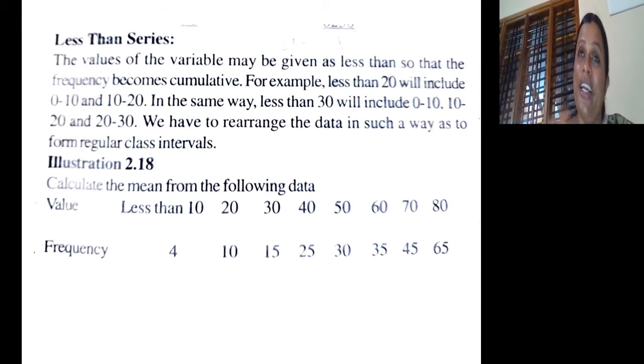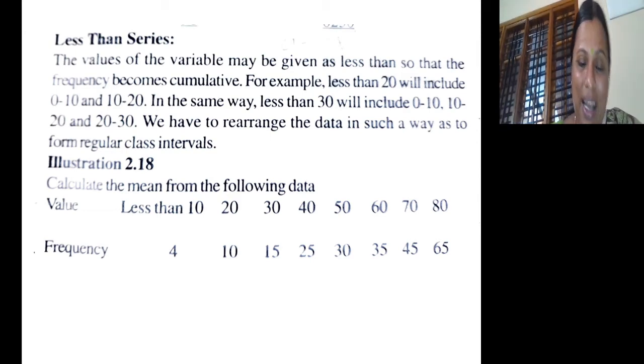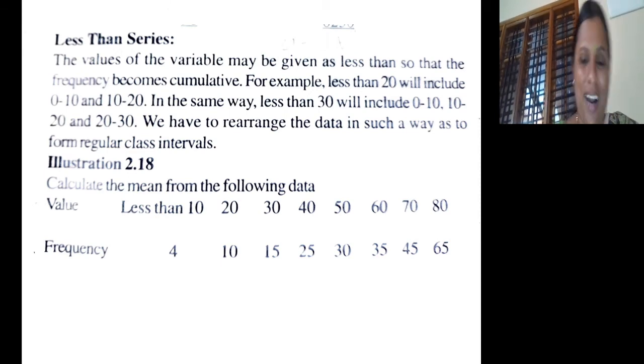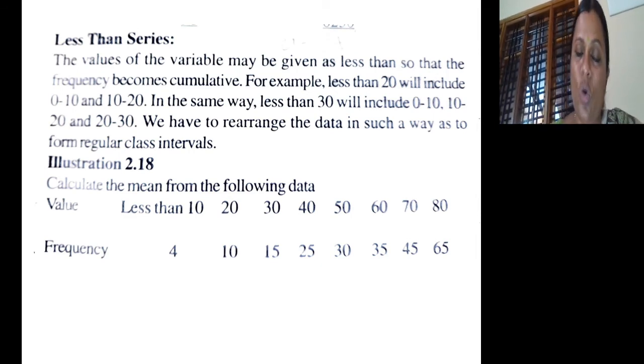If it is an open-end class interval, what do we do? We consider this 10 as the upper class limit and deduct the class width to arrive at the lower class limit. Here also class width is 10. How do you know the class width? Less than 10, less than 20, less than 30: every next value of the variable increases by 10.